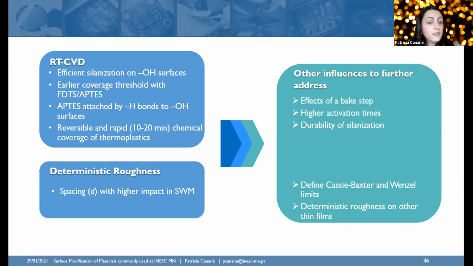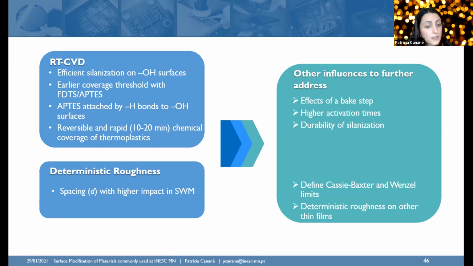APTS reacted in a different way than what is normally written in the literature. Instead of suffering hydrolysis and establishing covalent bonds, it preferred to establish hydrogen bonds. And regarding the thermoplastics, we could see that this method was a rapid and reversible way to chemically cover the thermoplastics to use them in other several procedures.